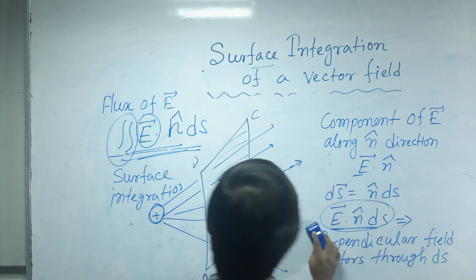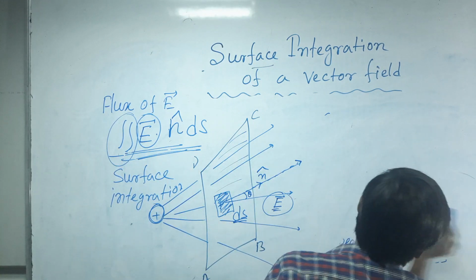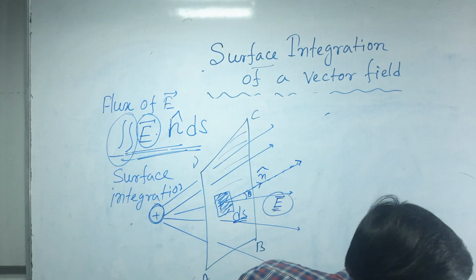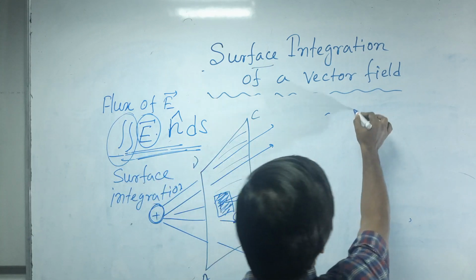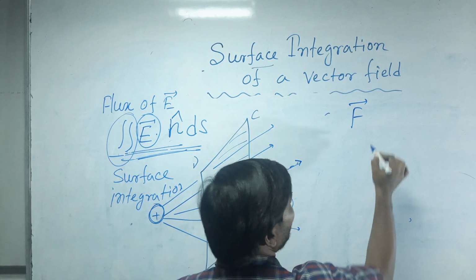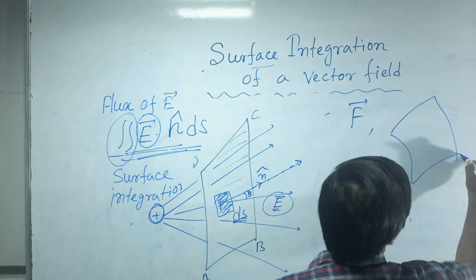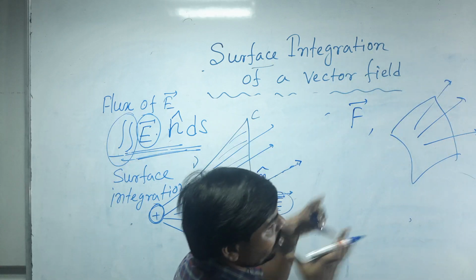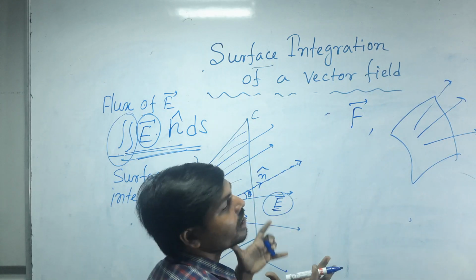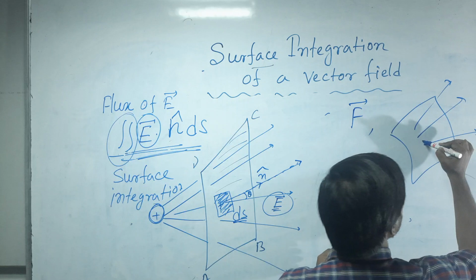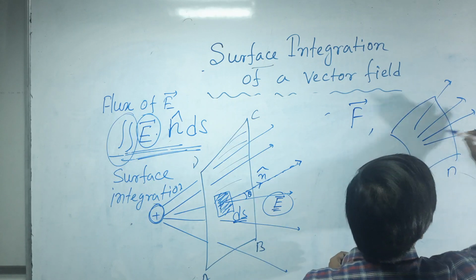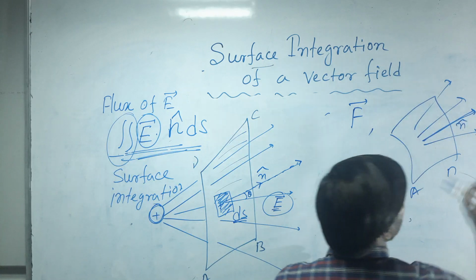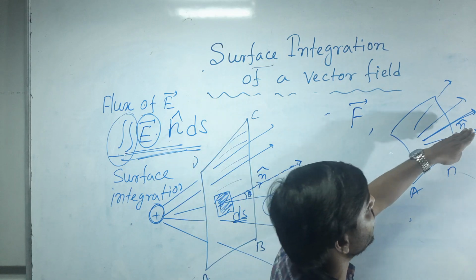Now, what we drew initially: we took the F vector field and an arbitrary surface, and there also the F vector field emerges at different angles with the normal of the surface ABCD. Let's say this is the normal direction and the unit vector along the normal is n cap.